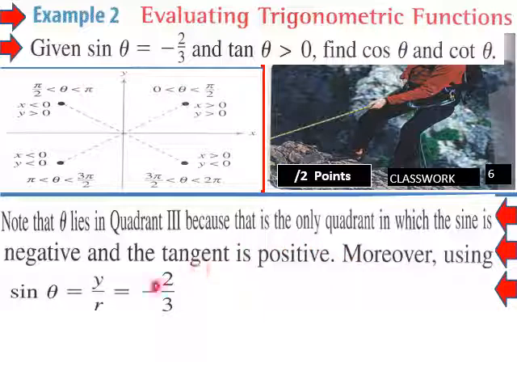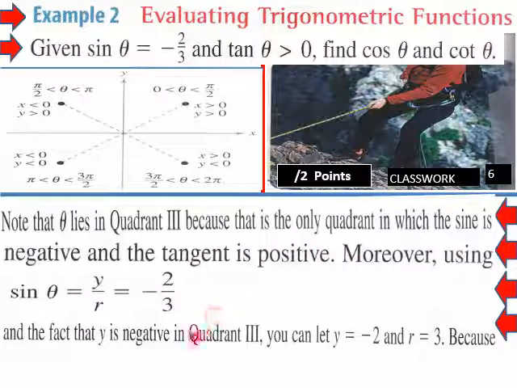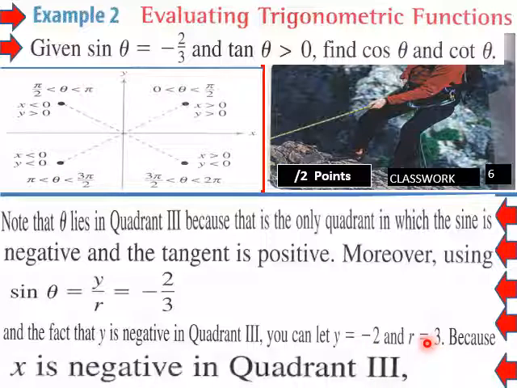Moreover, using sine theta equals y over r equals negative 2 over 3, and the fact that y is negative in quadrant 3, you can let y equal negative 2 and r equals 3, because x is negative in quadrant 3. So that is your wordy explanation for how sine could be negative and tan could be positive.